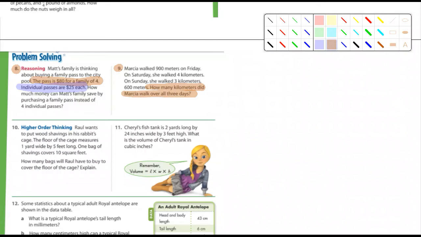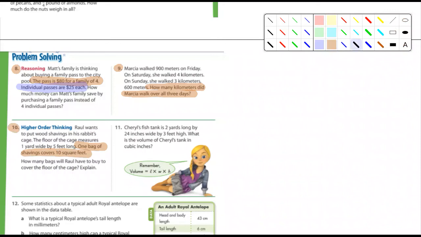Number 10, Raul wants to put wood shavings in his rabbit cage. The floor of the cage measures 1 yard by 5 feet, and 1 bag of shavings covers 10 square feet. How many bags will he have to buy to cover the floor? All right. 1 bag covers 10 square feet.